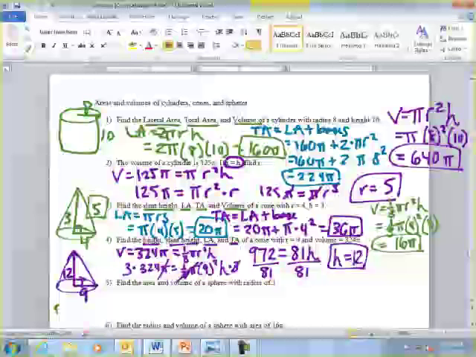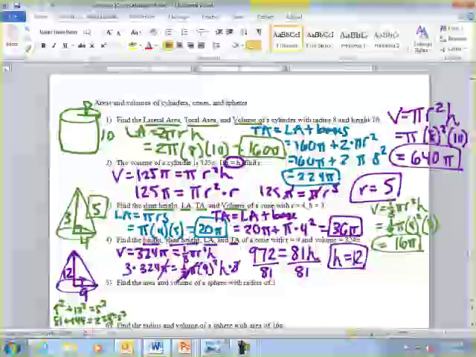Pythagorean theorem. 9 squared plus 12 squared will be that slant height squared. That gives us 81 plus 144, which is 225, is s squared.